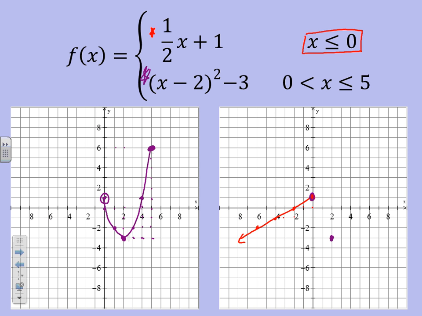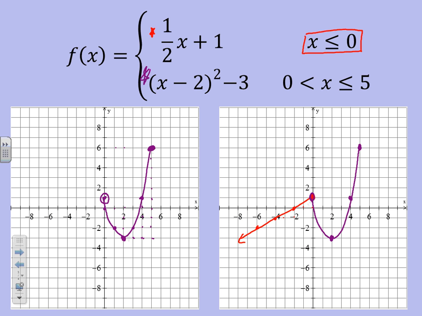Now we're going to just plot the rest of our points. So we have, where are we at? 4 and 1 is a point, and 5 and 6 is where we stopped. So we're going to go from here down and up, and then we stop. It's not continuous anymore. So it's continuous to the left because we're saying x is less than or equal to 0.